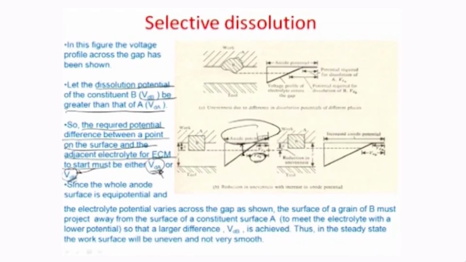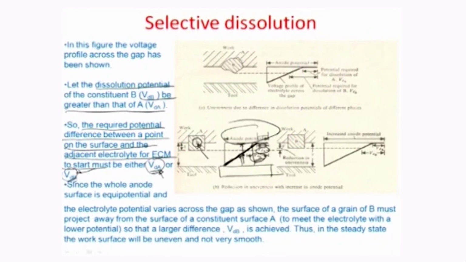So, this would result in an auto roughening, because the phase B would get dissolved away only when the voltage that it meets with is VdB. Okay. And as you see from this particular potential trend here, the effective anode potential is a smaller value, VdA, available at the surface, and this is a linear drop of course, because this is an ohmic drop. Okay. And so therefore, the available potential nearer to the tool surface is more in comparison to that away from the tool surface, right.